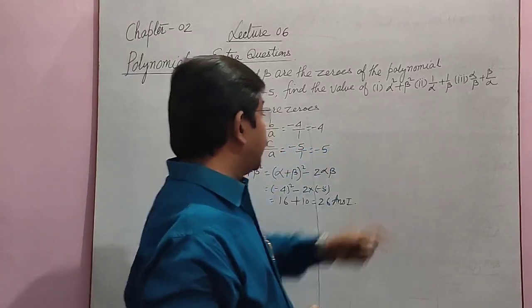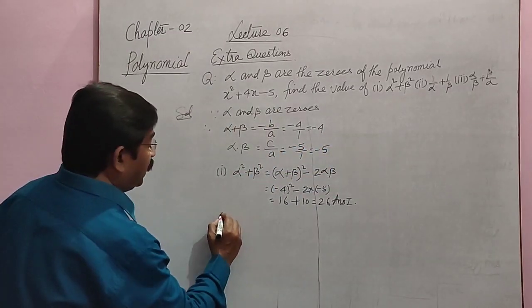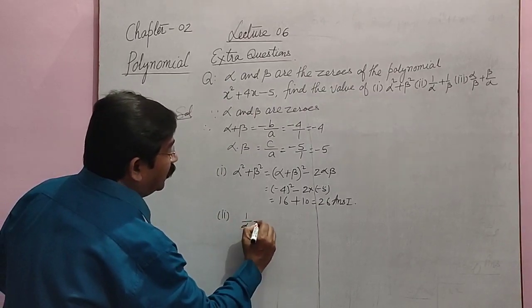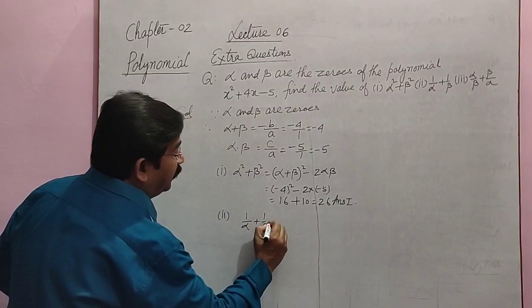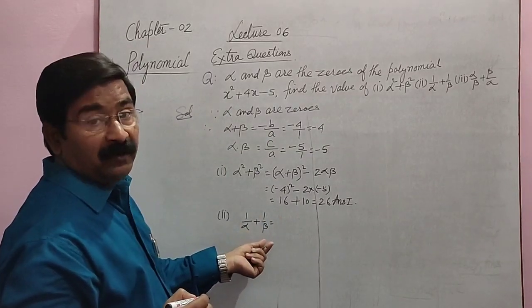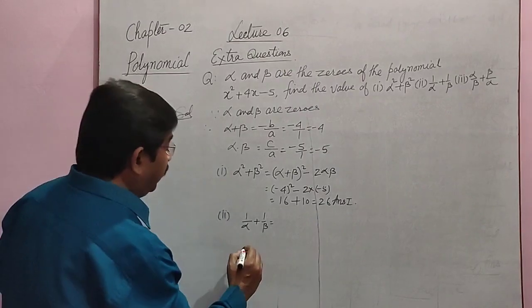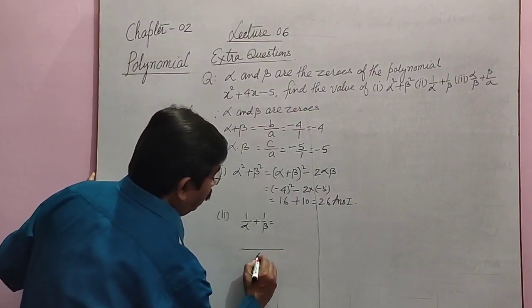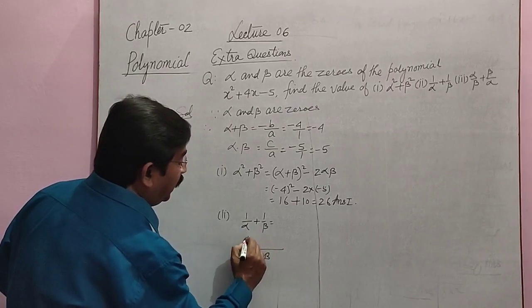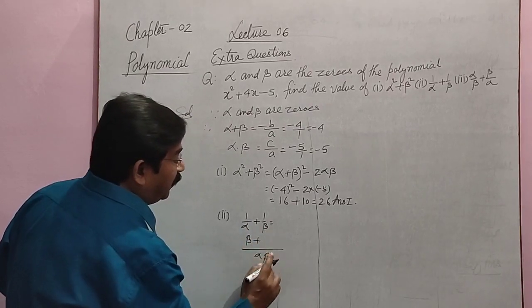Similarly, I am taking the second part. See, the second part is 1 upon alpha plus 1 upon beta. Take the LCM of this. We have alpha into beta. Alpha and alpha will go. We have beta. Plus, beta and beta will go.